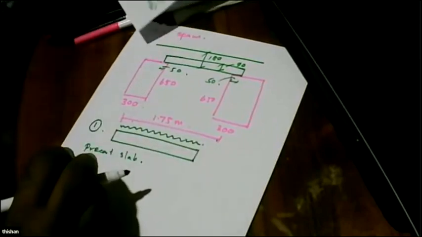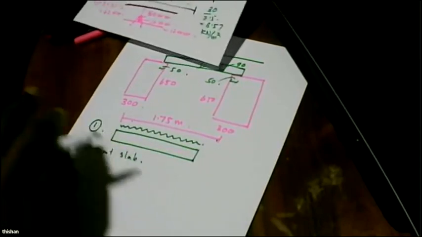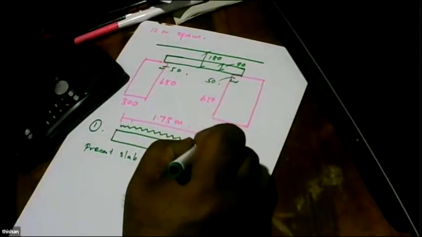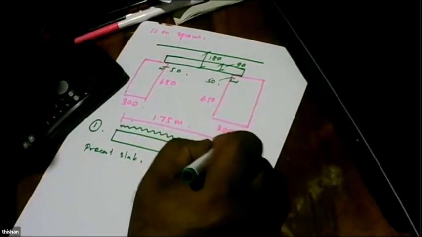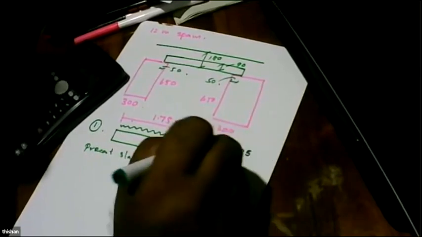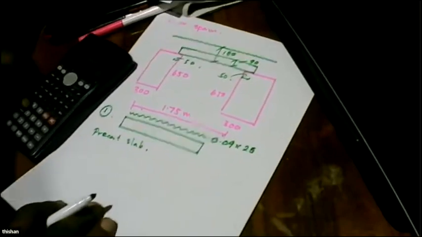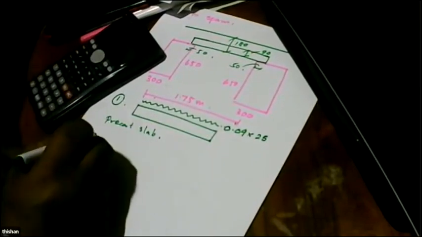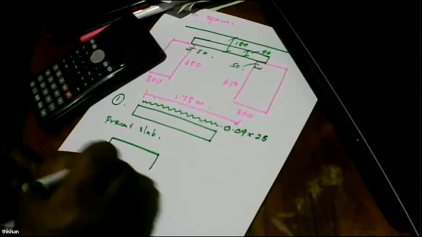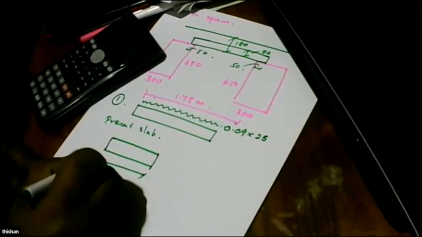The load is the weight of concrete that you are going to place, and that is 90 millimeters thick concrete. And we have to think about the width of this member. We prefer a width of 450 millimeters.